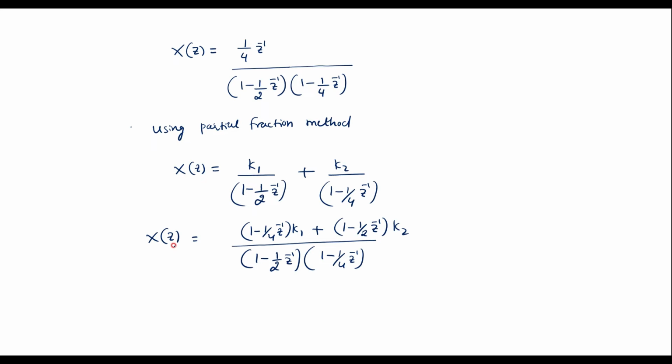So here x of z is equal to 1 over 4 z inverse divided by the denominator. Comparing this expression with the previous one, the denominator is the same and we can equate the numerators.